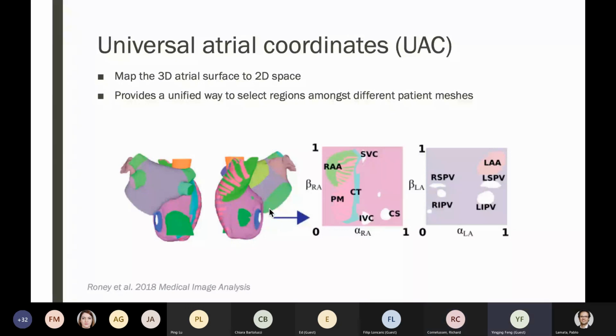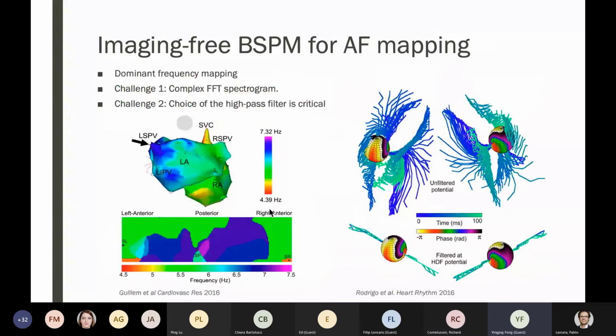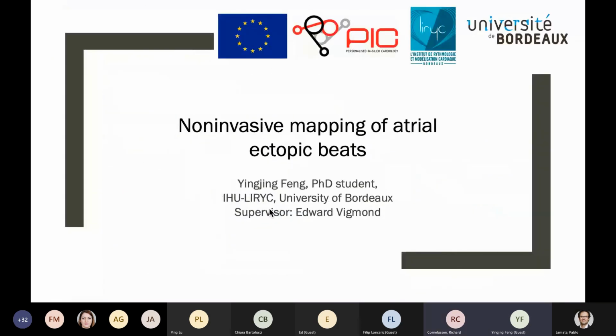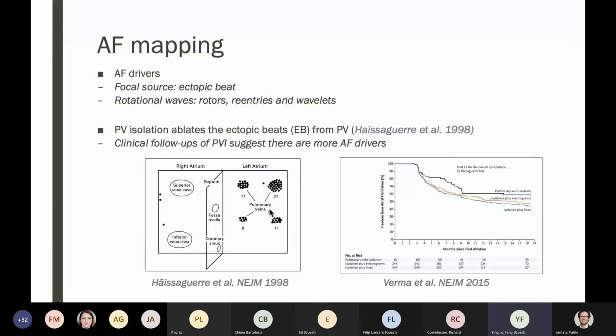Yes, so my direction for this problem is more like this: because there are so many phenotypes for AF, I would like to identify which subgroups are most effective for PVI and which are not. Let's say some patient has only a focal source, so I would imagine PVI to be quite effective if this focal source happens to be only in the PV.